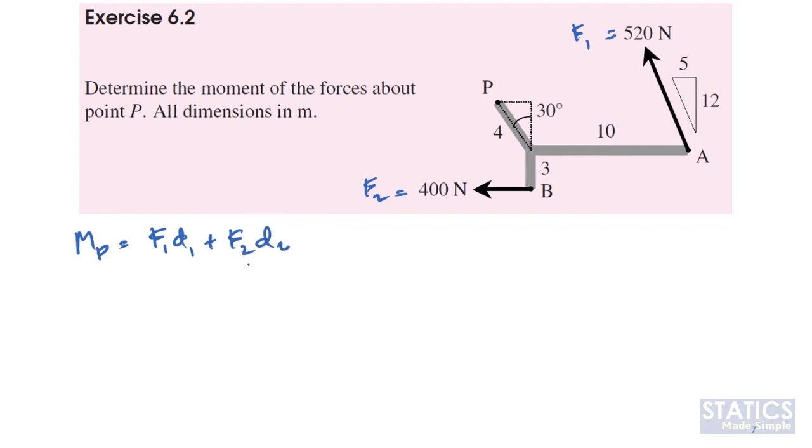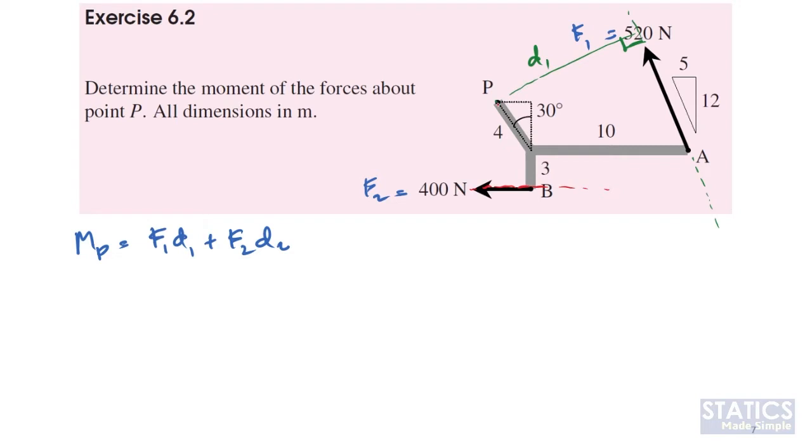What is D1 and D2? This is the line of force for F1. This is the perpendicular distance with respect to point P for F1. So this will be your D1. And then this is the line of force for F2.